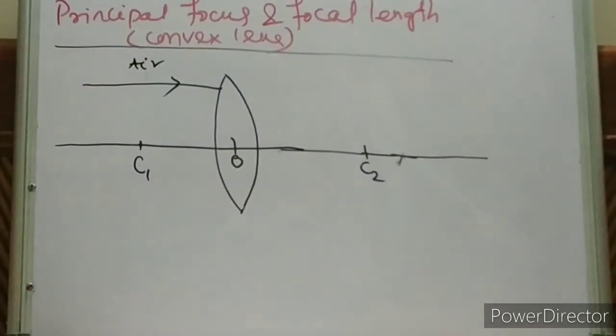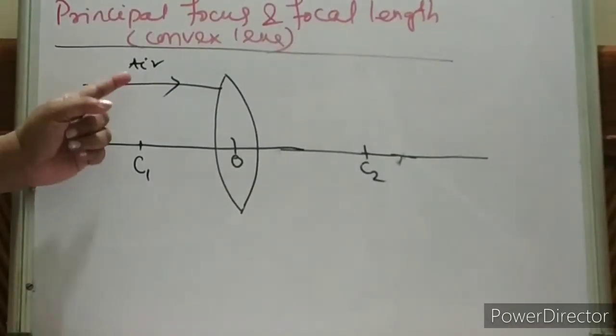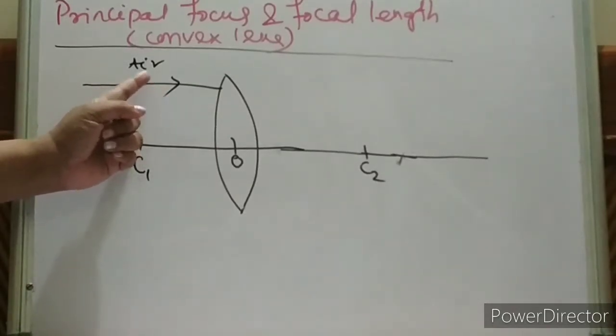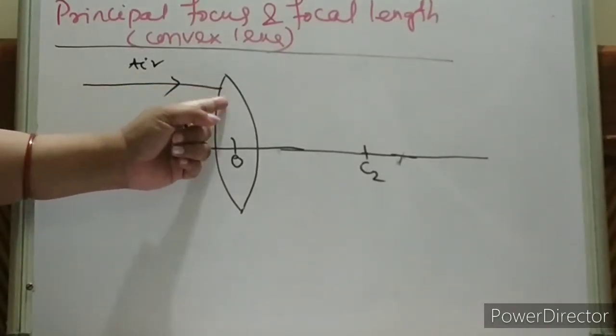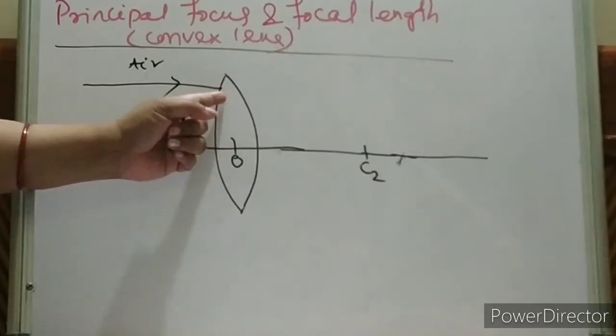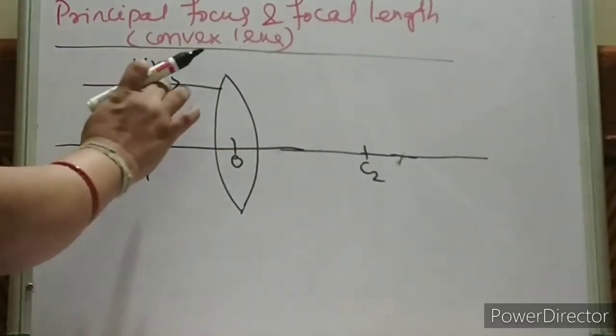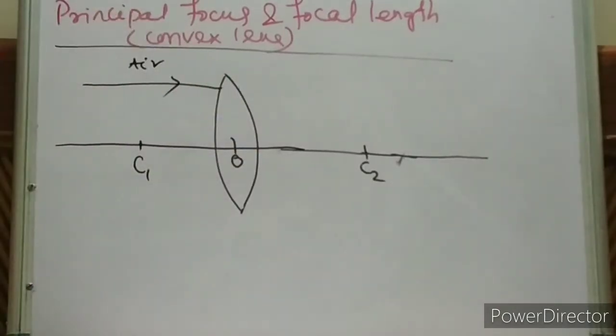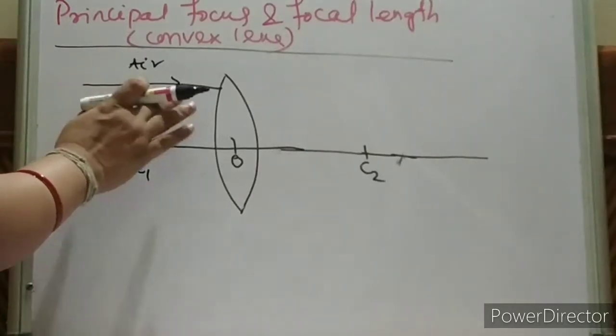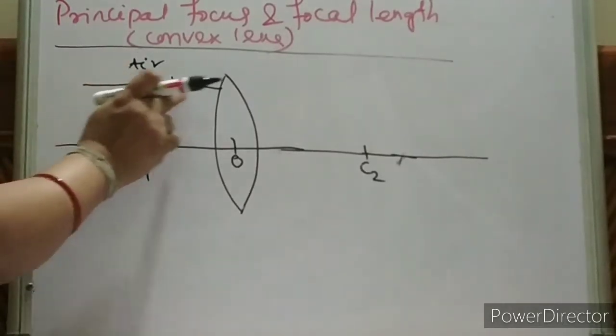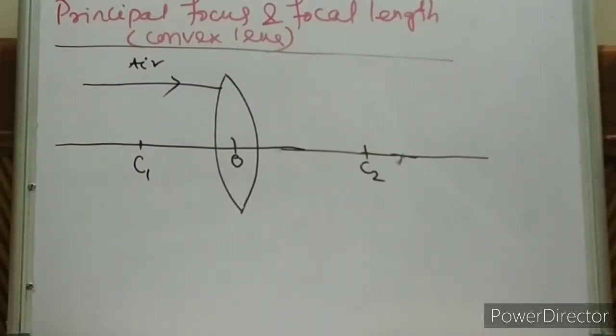If the ray is going from rarer to denser, glass being denser with more refractive index, it will bend towards the normal. These things I have discussed several times.